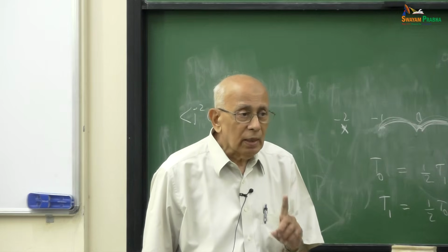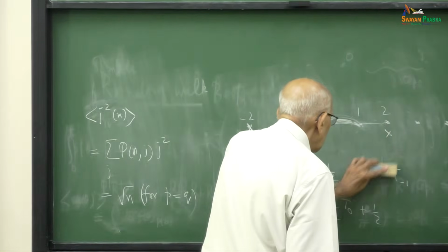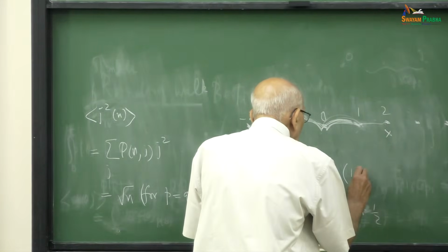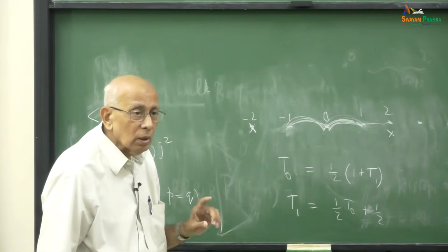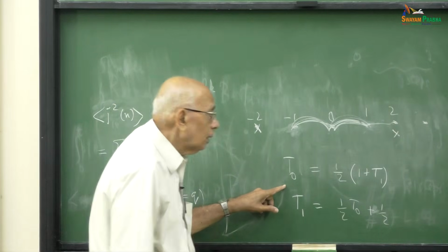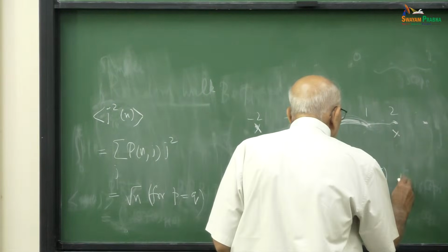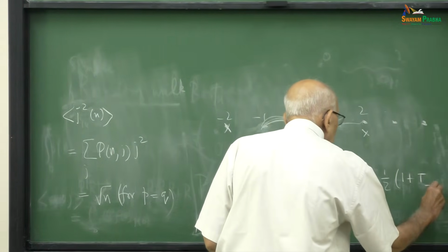So time 1 has elapsed. Therefore, this term is not correct. It's 1 plus t1, because one time step is gone. This is time that we're measuring. Okay. Plus 1/2 times 1 plus t minus 1.